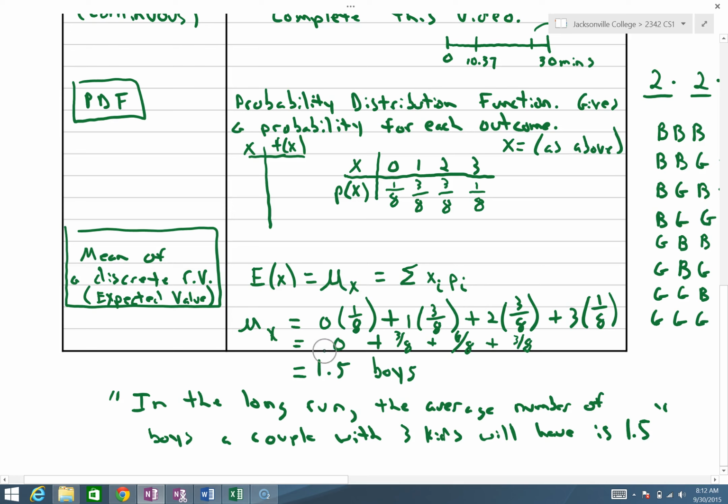That is how many boys. Again, no couple is going to have 1.5 boys, but our long run average, our expected value of this random variable is 1.5. All right, with this information, you should be able to handle the first couple of parts of this assignment.